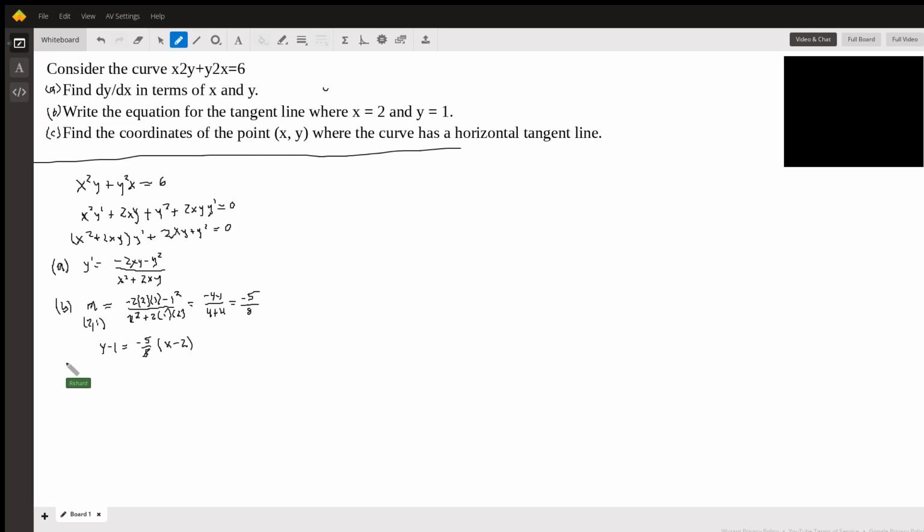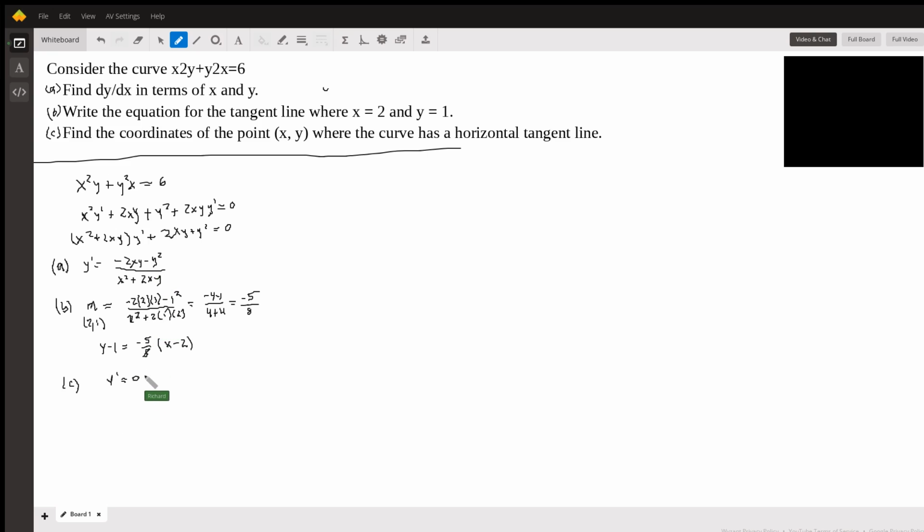And now the last part, C here, which would be find the coordinates where the curve has a horizontal tangent line. Well, that means that y prime would be 0. If we look at the expression of y prime, here it is. The only way for this thing to be 0 is when the numerator is 0.